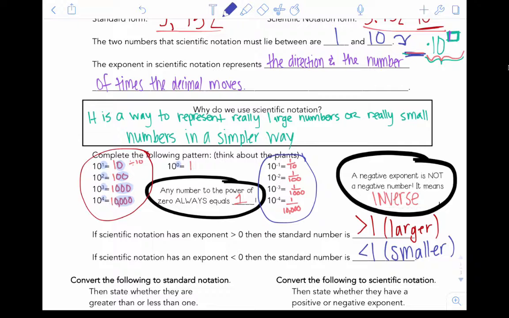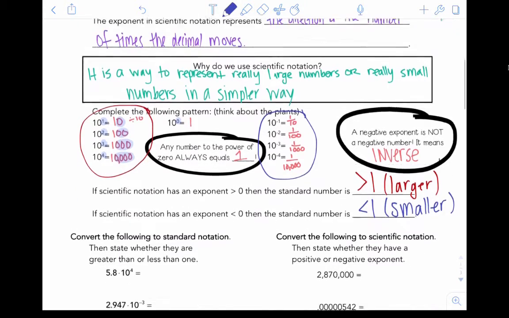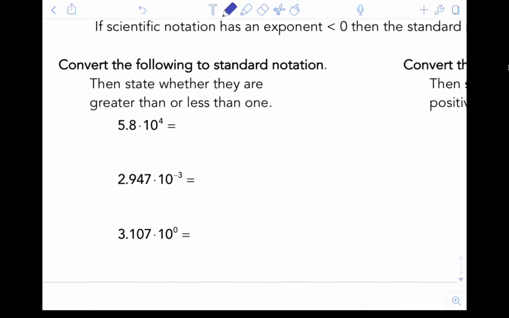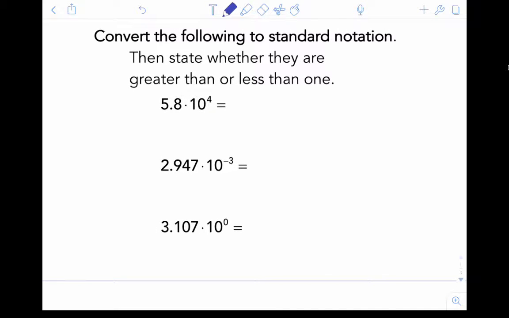All right, so let's see what's happening here. Let's do some converting. Let's start by converting from scientific notation to standard notation. So this first problem, I have 5.8 times 10 to the 4th. Well, remember that my exponent tells me how many times it's moving, and it tells me which direction the decimal moves. So if the decimal moves 4 times, I need to think, is it going to move 4 times to the left or 4 times to the right?